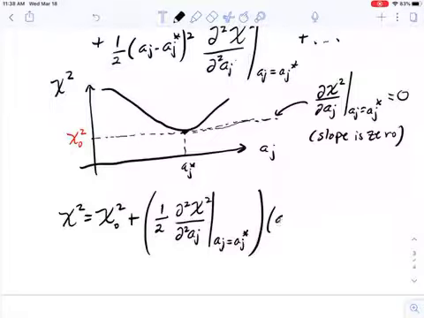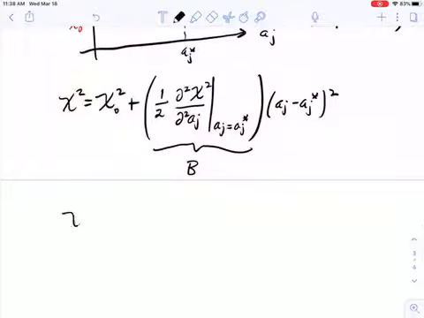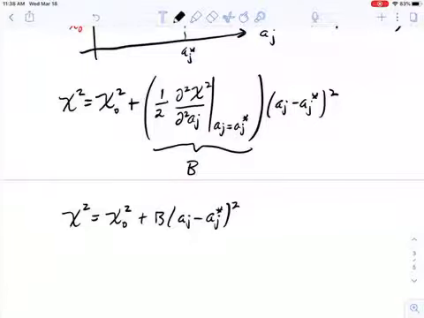And this is aj minus aj star squared. Let's take all of this stuff in brackets and just label it as b, just some number b. And if we do that, then chi-squared is equal to chi0 squared plus b times aj minus aj star squared.